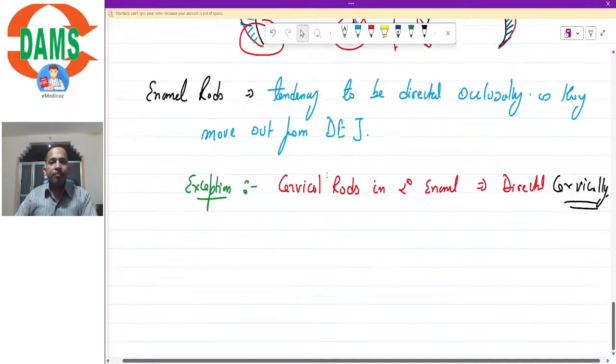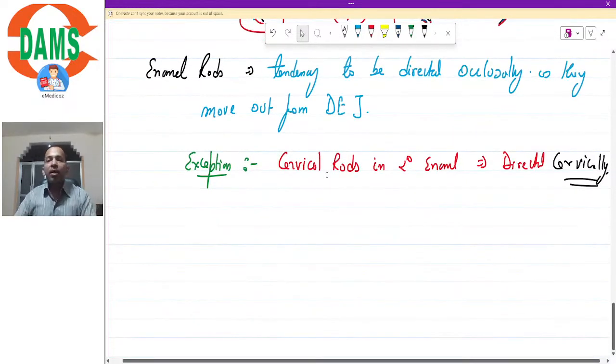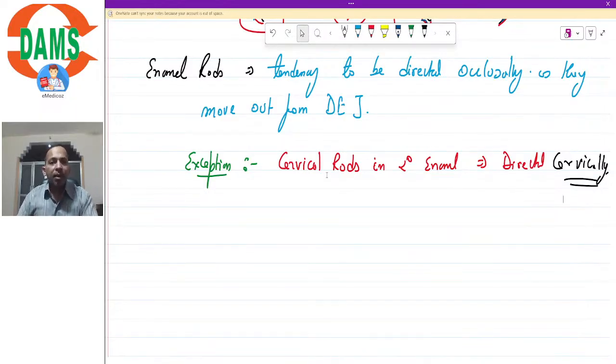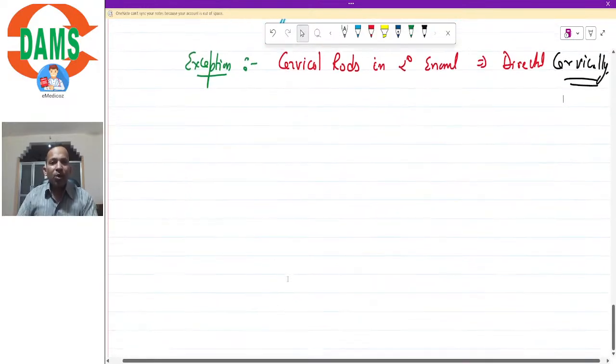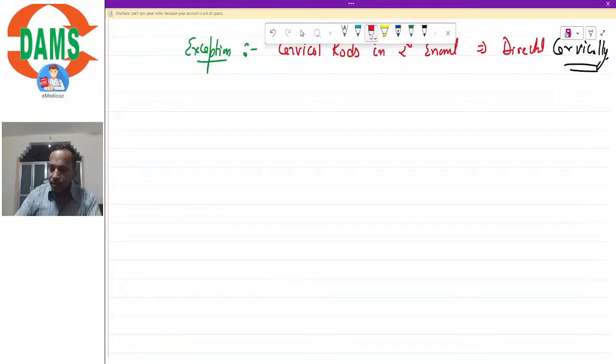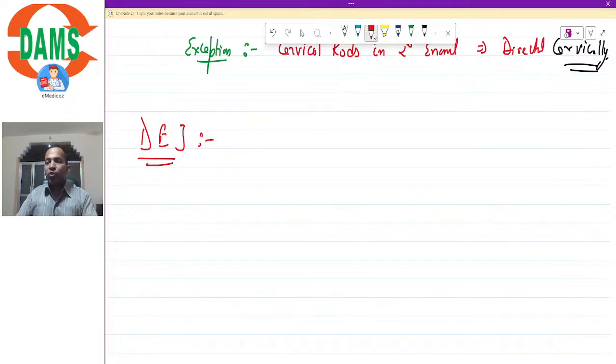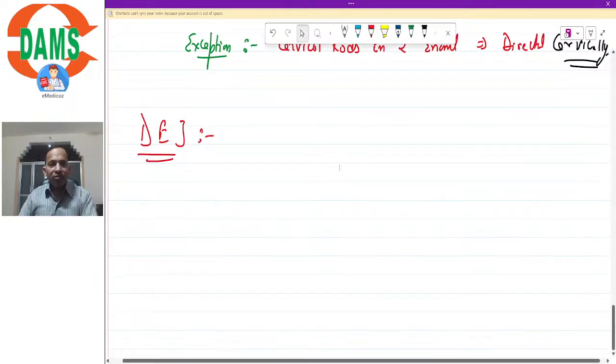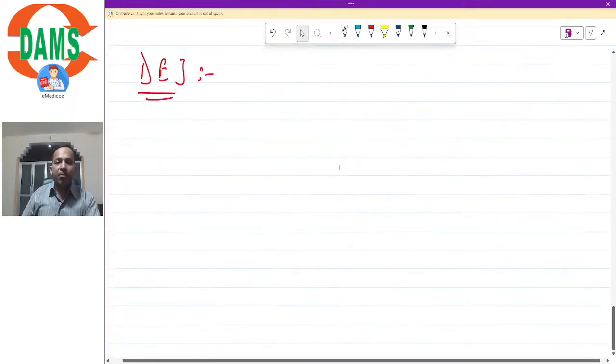Is it clear? So this was about the enamel, its thickness, its color, its mineralization, right? And we discussed a couple of clinical relevance based on those. And what about the dentino-enamel junction? Do you think there would be a difference between the dentino-enamel junction of primary and permanent?